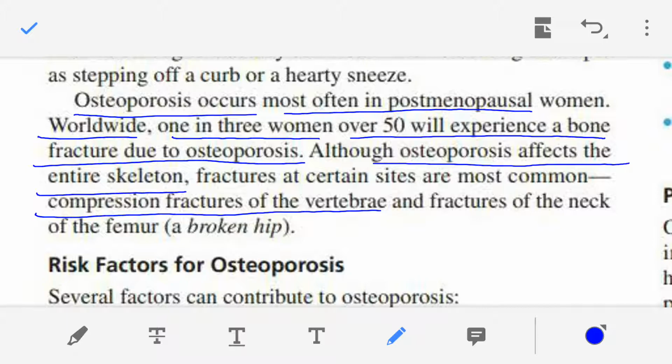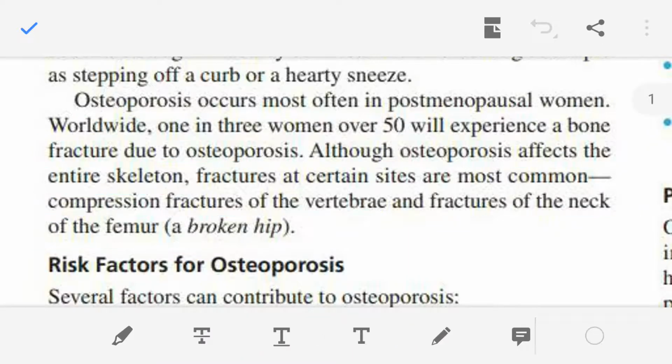And the second place is the fracture of the neck of the femur. So the neck of the femur gets fractured, and due to that the hip is broken down. So this is also a place where more osteoporosis is observed in our body.